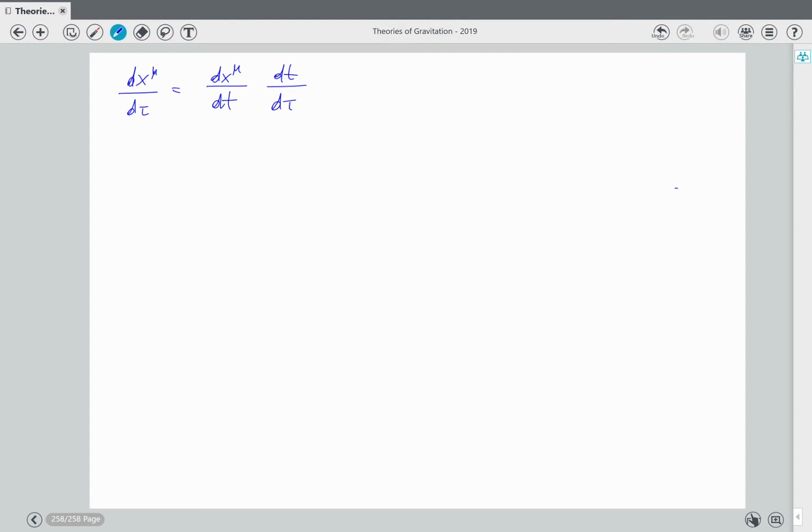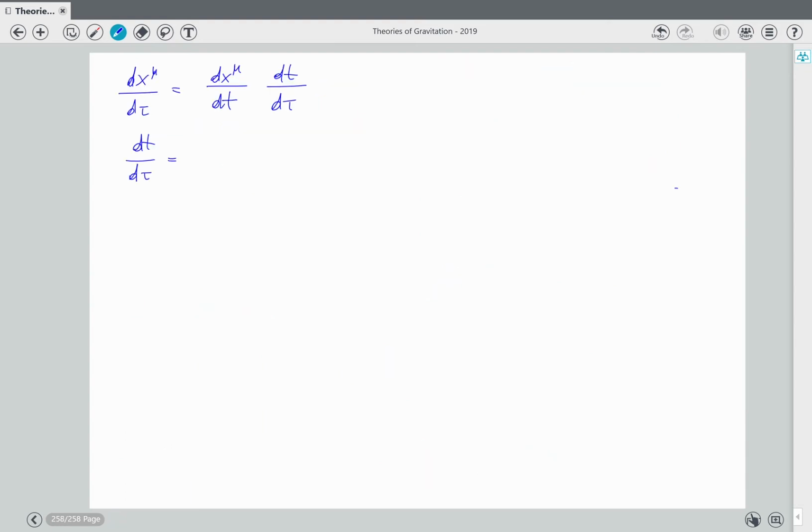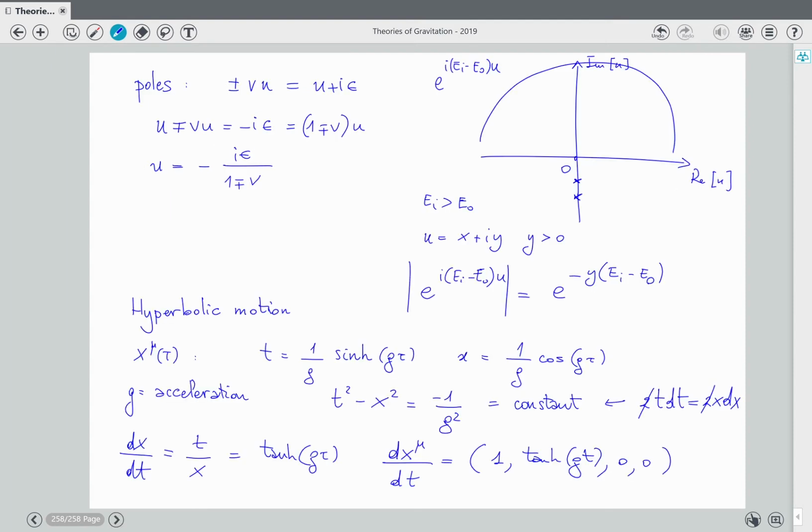And we know what dt over d tau is, because that is the hyperbolic cosine, and g simplifies, so that's just the hyperbolic cosine. And so we just multiply this by the hyperbolic cosine, which means that we get hyperbolic cosine, hyperbolic sine, 0, 0.